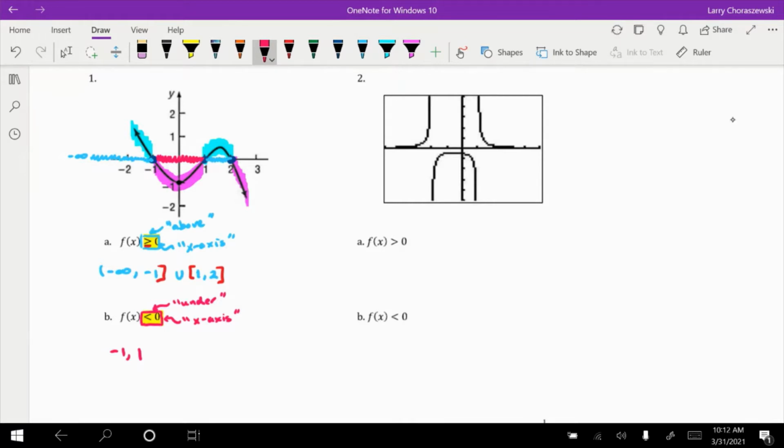So the inequality symbol doesn't have a bar this time, so we'll use parentheses. And then we're going to union this with the x values that go from 2 to positive infinity. Okay, any questions about that?